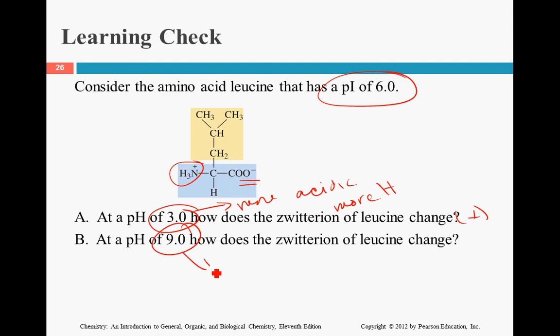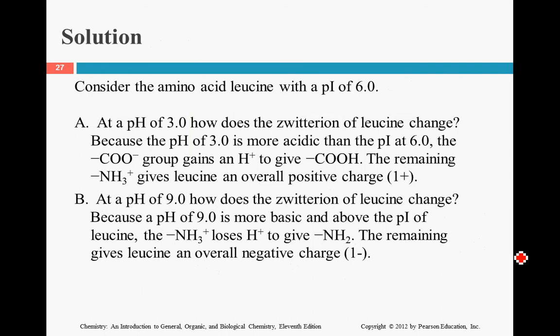At 9.0, that's more basic. That means you have fewer hydrogens. That means the compound is more willing to give up that hydrogen, but there's fewer hydrogens around to make that NH3. So it's going to be a -1 charge. And there's your answers again, +1 and -1.